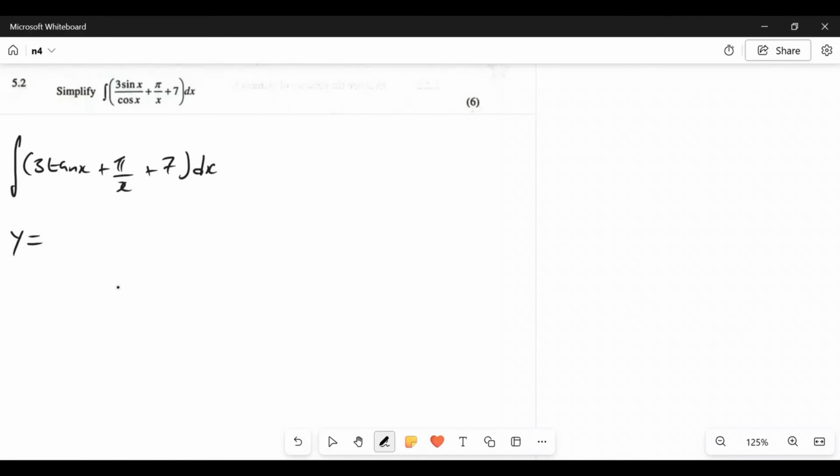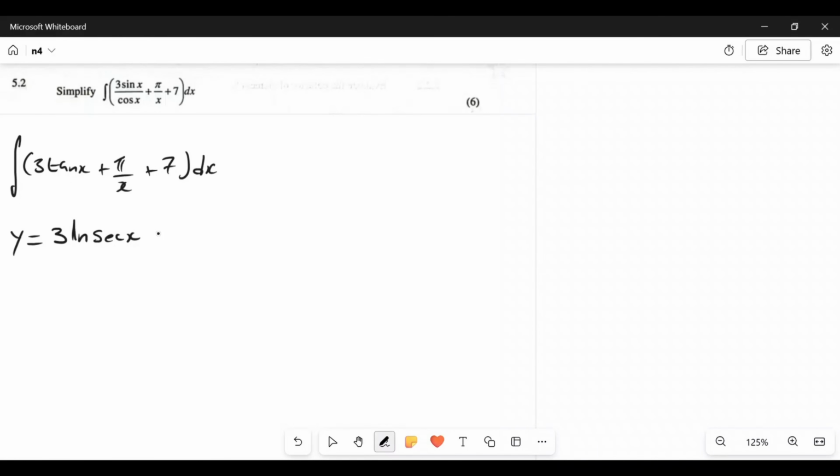Now we integrate. We know that 3 is a coefficient. But then what is the integral of tan x? When I look at the formula sheet, the integral of tan x is actually ln sec x. There we go. And then we move to the second term, pi over x. This is the integral of natural log.